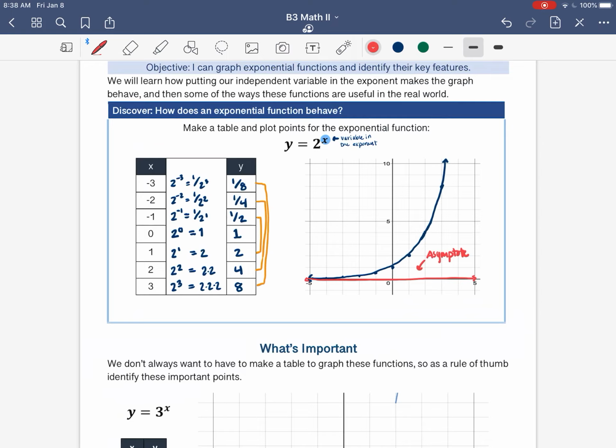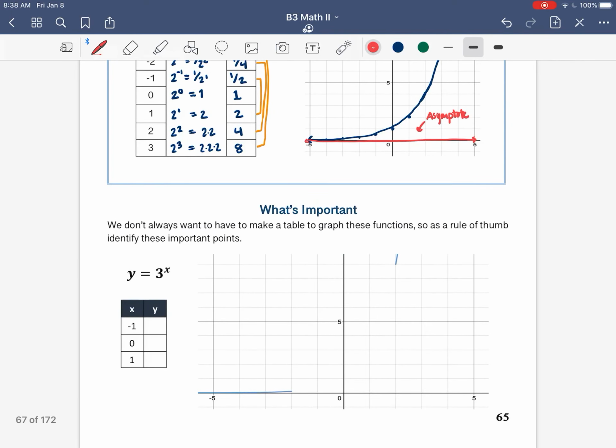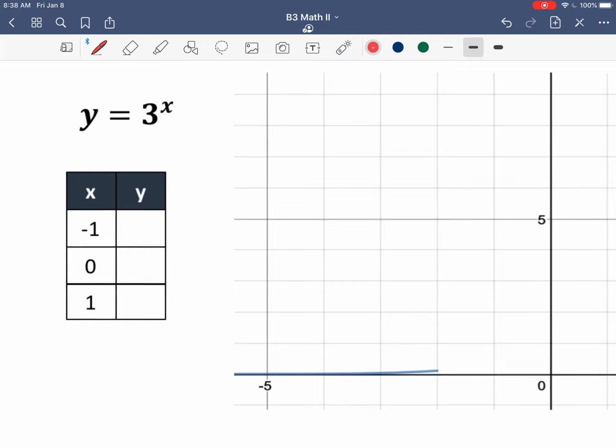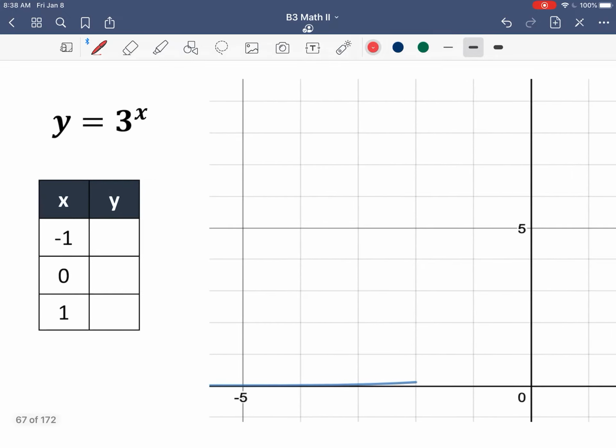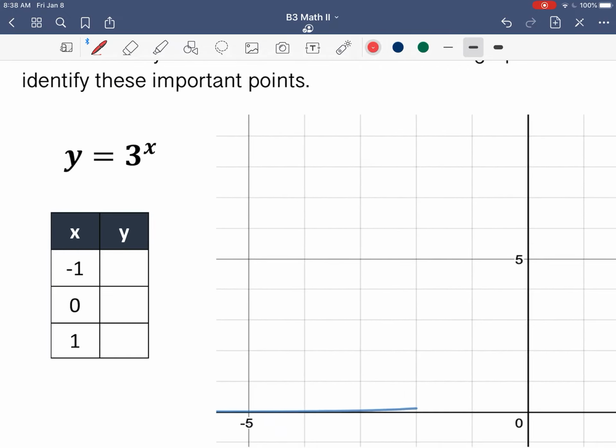Clearly we don't want to make a whole table every time that we graph these, so what's most important to graphing exponential functions is making this mini table, plugging in -1, 0, and 1. These are pretty easy to plug in for exponential functions because the 0 power is always 1, unless you have a vertical shift happening, or an add or subtract after. 3 to the first power is 3, and then 3 to the -1 power is 1 over 3.